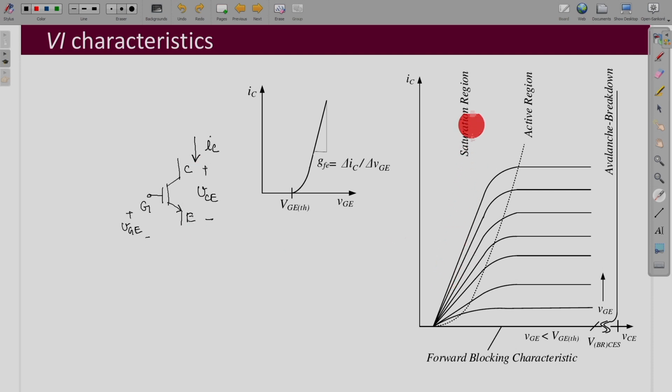Okay, so that region is called your saturation region. But for that the amount of gate emitter voltage that we have to apply should be sufficient. So, from here what we observe is that if we change this VGE, then we can make it go from cutoff to active to saturation. So, that is why this is also a voltage control device.